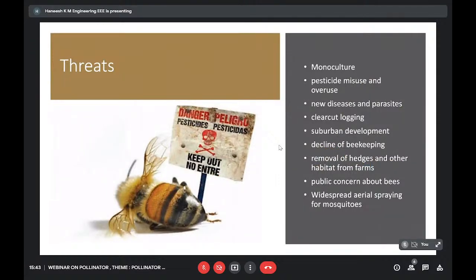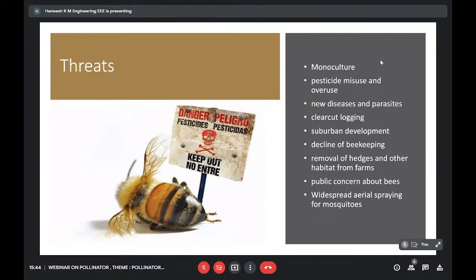Now you know the importance of pollinators. But what is happening actually, those issues you are mostly familiar with. One major thing is monoculture. Monoculture means we are cultivating only one kind of agriculture, so you are looking for only one kind of plant. That plant will come into bloom only once or twice a year, so these bees will be getting food only during that time.